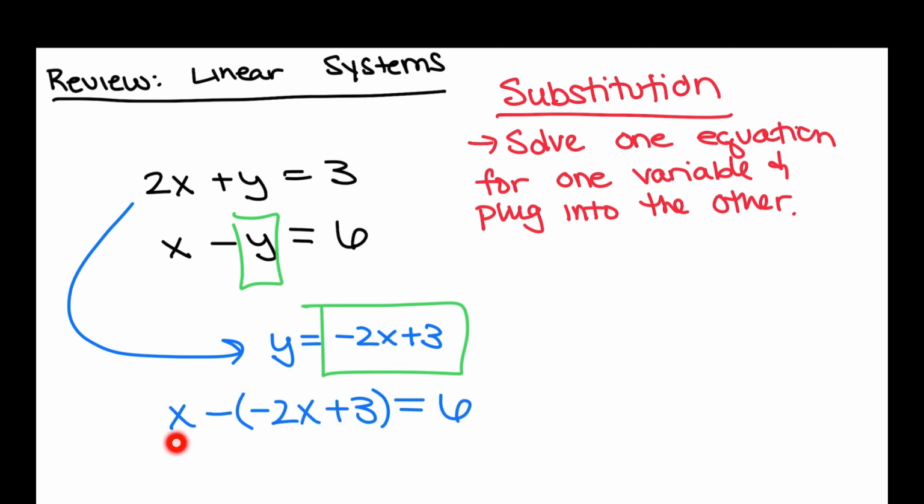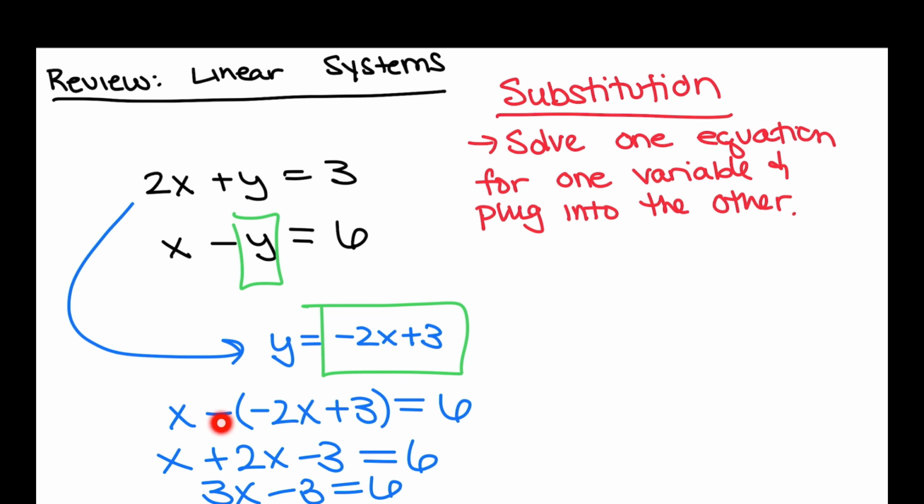That gives me x minus the quantity negative 2x plus 3 equals 6. I'm going to distribute that negative, that subtraction. So now I get x plus 2x and then minus 3 equals 6. Combine like terms, 3x minus 3 equals 6. Add the 3, so 3x is 9. Divide by 3, x is 3.